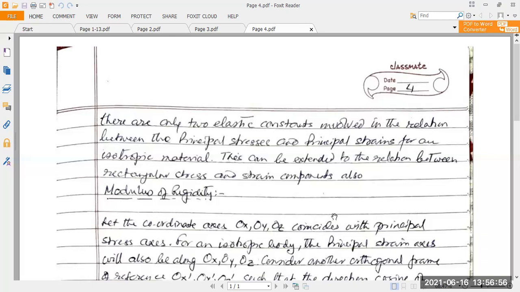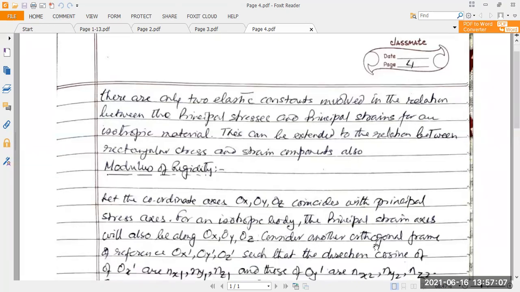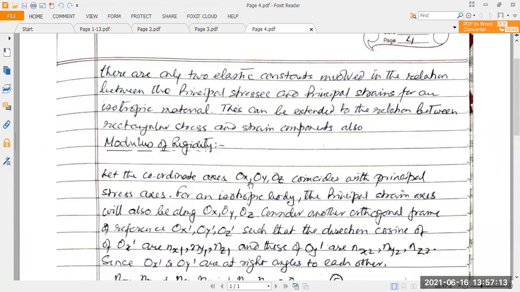In an isotropic body, the principal strain axes will also be along X, Y, Z. For a point, we have these axes itself.